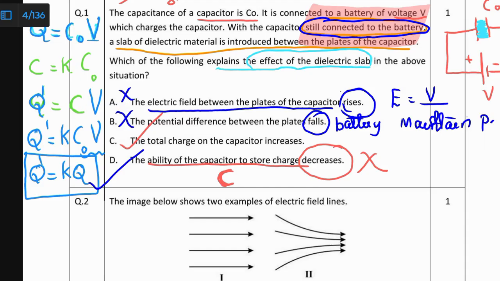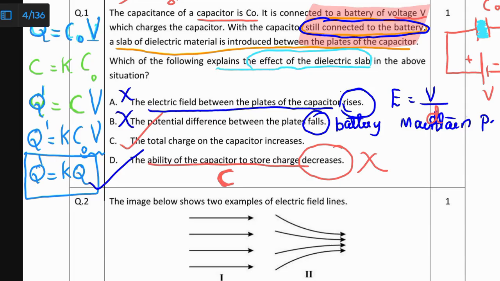So what is the correct answer to the first question? The total charge on the capacitor increases. Why is A wrong? Because the electric field in this case is the same, as the potential difference and the distance between the plates remain the same. Now why is B wrong? They said potential difference falls, but since the battery maintains the potential difference, in this question the potential remains the same, not false.